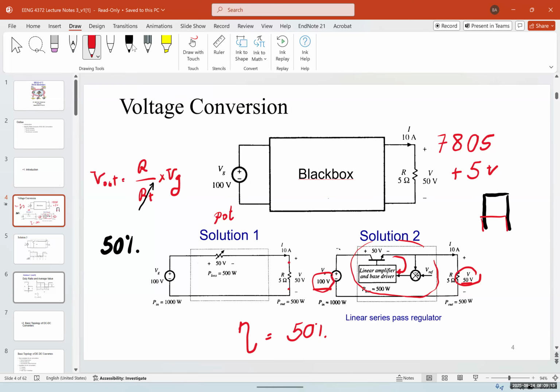They usually have a heat sink. I'm drawing the heat sink with black. The reason they have this heat sink is because of the amount of power it's dissipating as heat, which is wasted. And the bigger the voltage difference is, like this one is a 50-volt difference, you need a bigger heat sink. Sometimes just a heat sink would not be sufficient. We need to add cooling systems such as a fan, air cooled or water cooled, something like that.